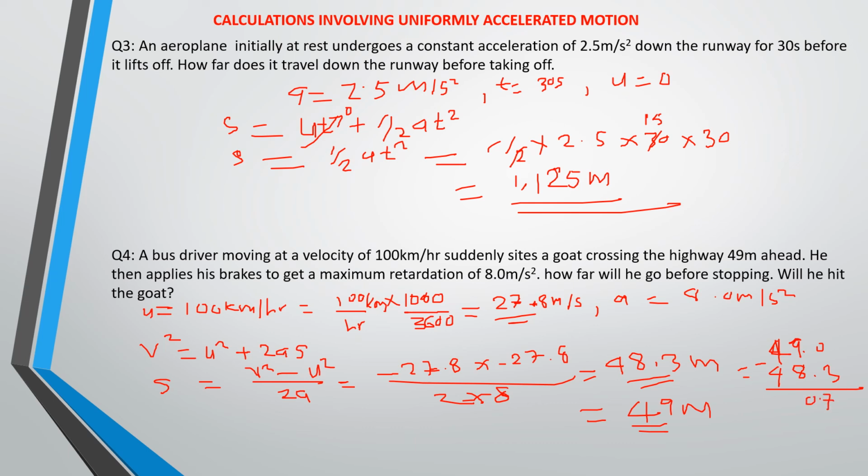So the bus is going to stop 0.7 meters from the goat, which means the bus will not hit the goat. It will stop 0.7 meters before the goat.